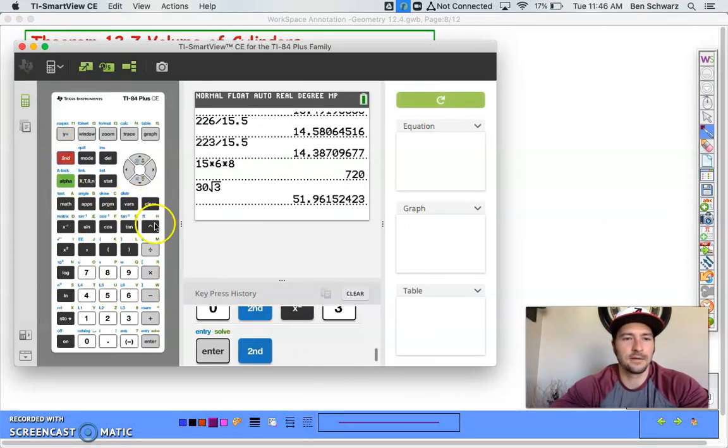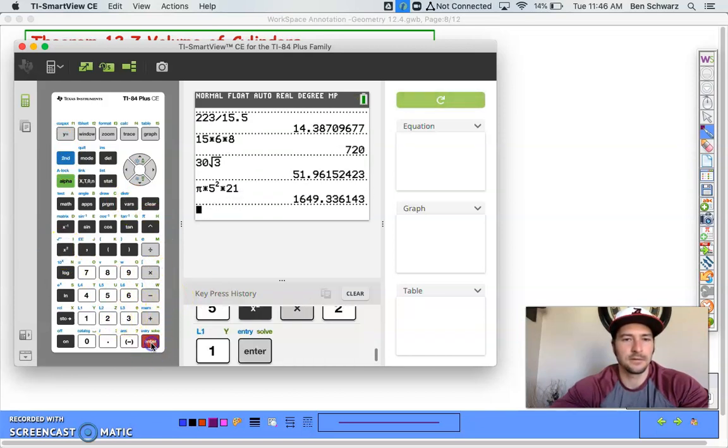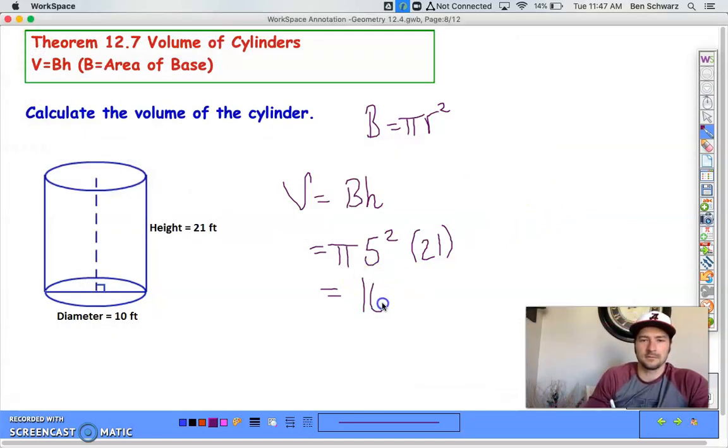And so we get 1,649.34. And we're in feet cubed again.